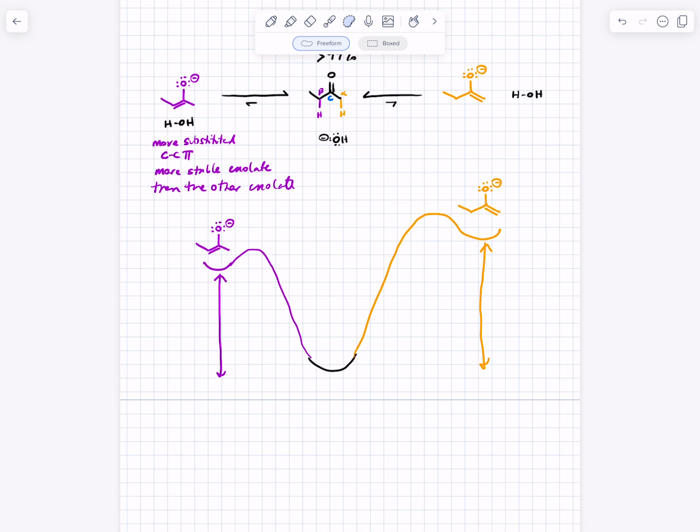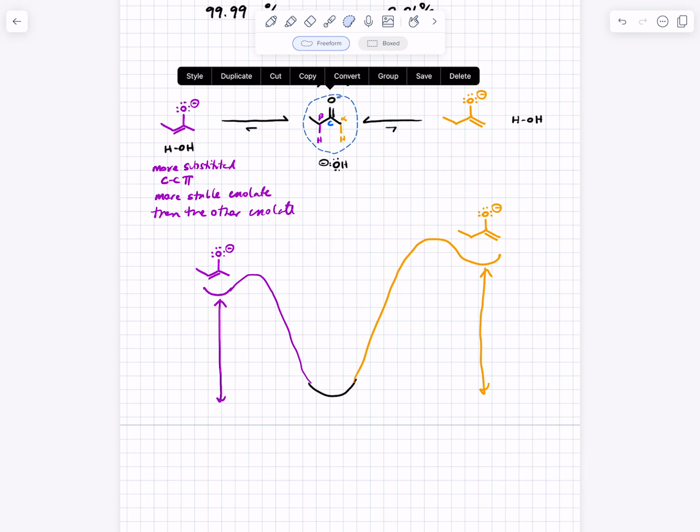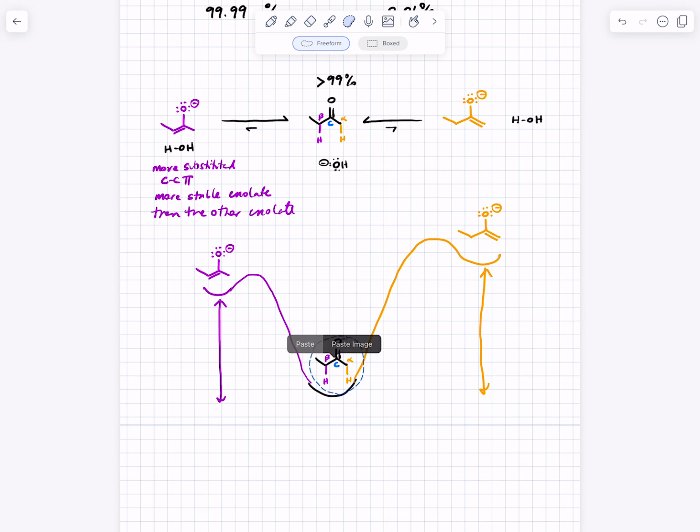Okay? So, you're good at thinking about equilibrium. Even though 99% of my material is still the starting material, the ketone and the base, and you know, the base is important because the base you choose is what makes the energy landscape look like this.